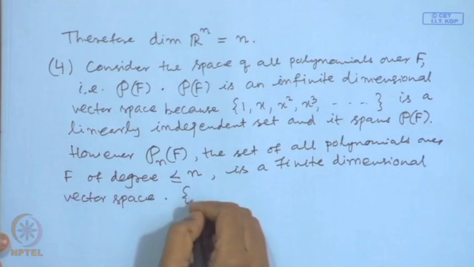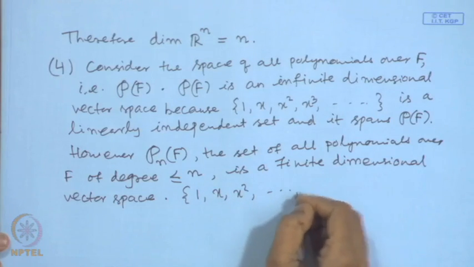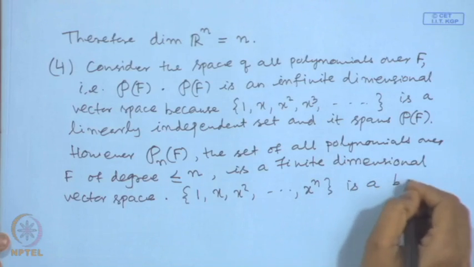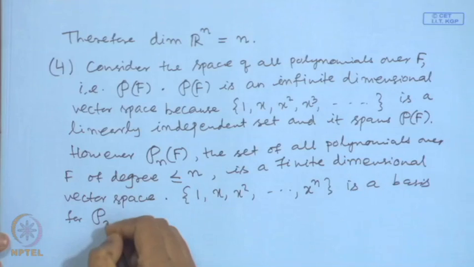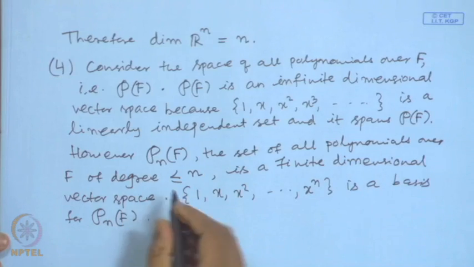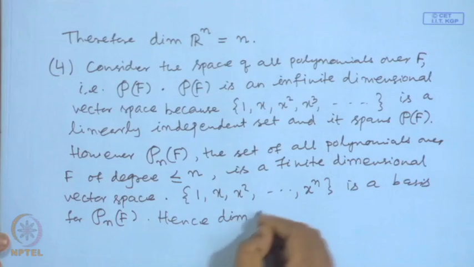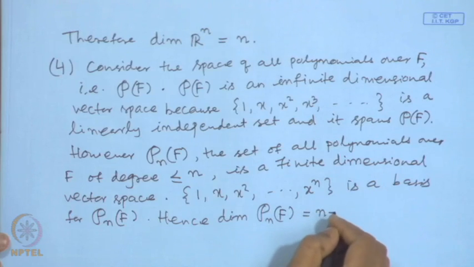And the set 1, x, x square up to xn is a basis for Pn(F). Hence, the dimension of Pn(F) is equal to n plus 1.